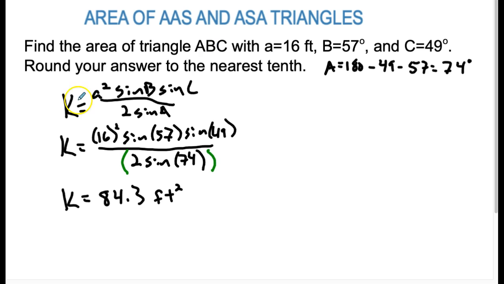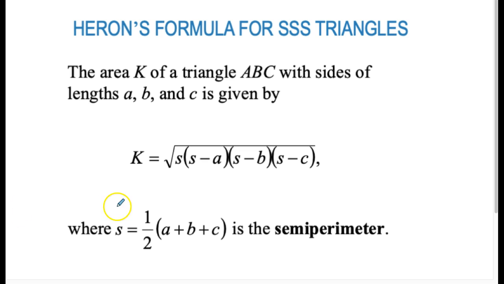All right? The final one that we're going to look at here is if we're given all 3 sides. If we're given all 3 sides, we can use what's called Heron's formula to find the area. The derivation for this formula is actually kind of cumbersome, so we're not going to go through that.